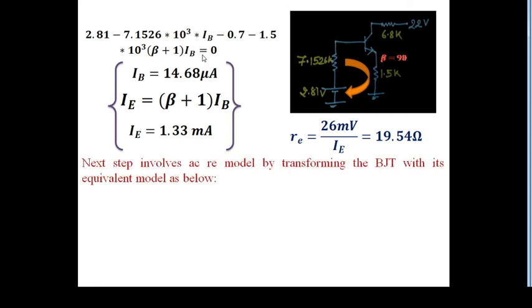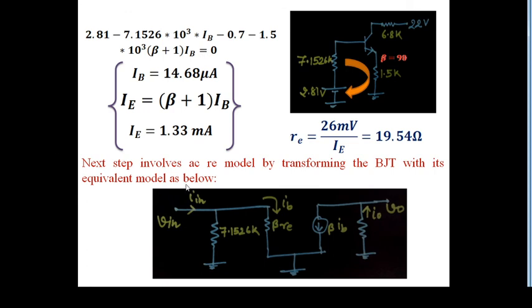Now the next step is our RE model, by transforming the BJT with its equivalent model. The equivalent model is given, so we can simply write this one, beta RE, beta IB and RC 6.8 kilo ohm.